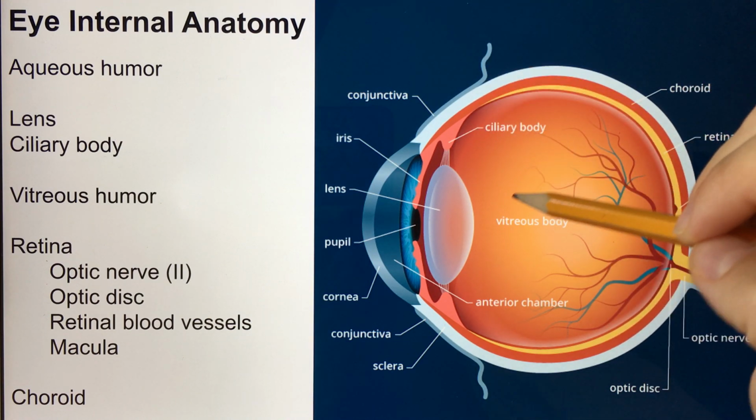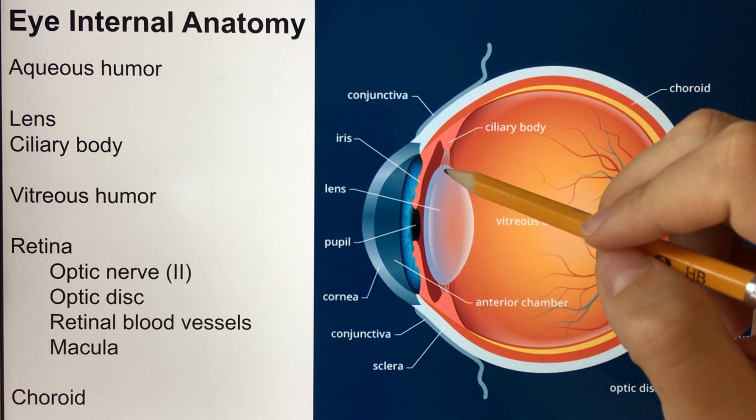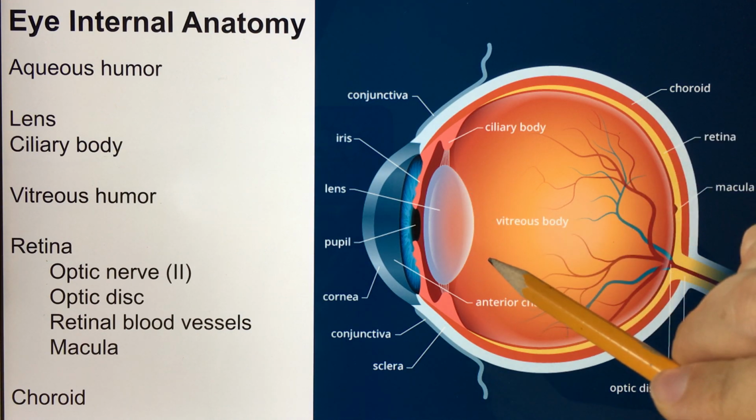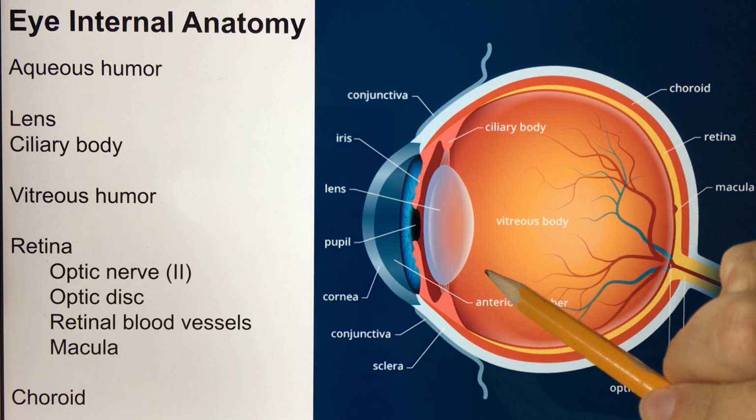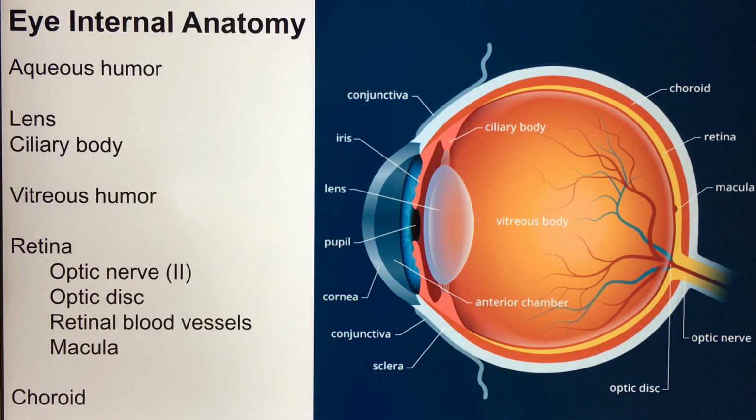The ciliary body is a smooth muscle that regulates the shape of the lens. It can pull on the lens and make it a little bit flatter, or relax and make it a little bit thicker, and that helps us adjust the near point accommodation. So basically, the ability to focus on nearby and far away objects selectively.